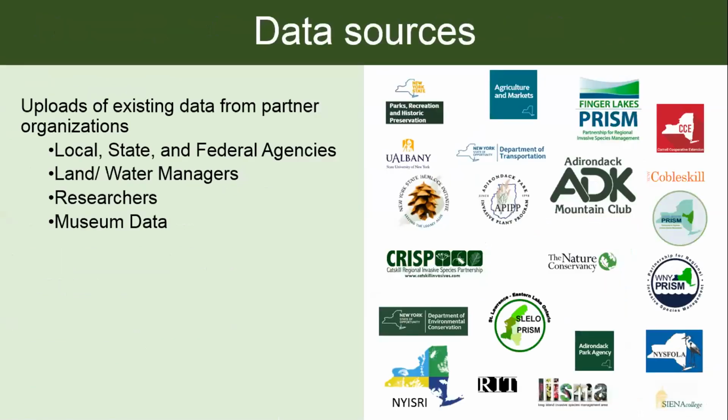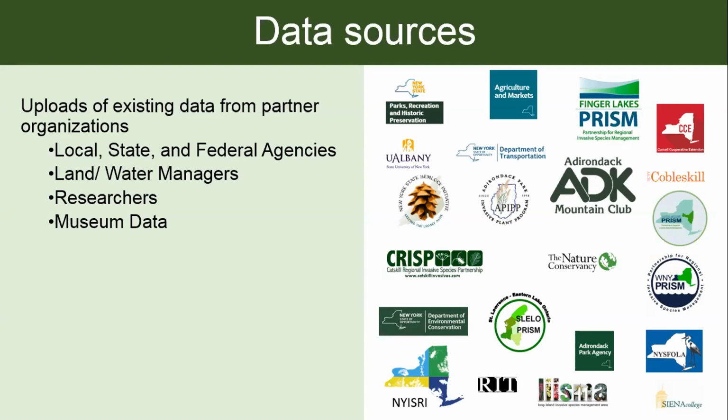And so where is the data from IMAP coming from? In the beginning, it was really important to leverage pre-existing data sets from federal agencies, local state agencies, researchers, museums, local nonprofits, et cetera. And those gave a really good idea of what the distribution of invasive species was at that time.